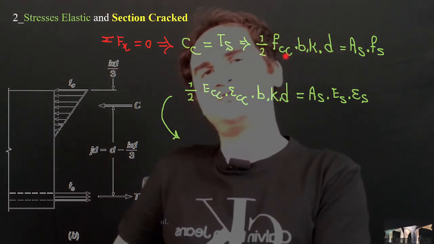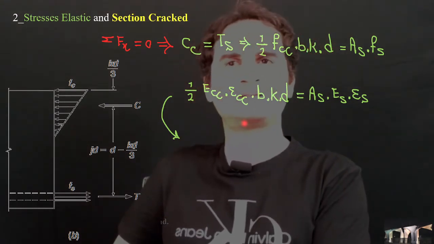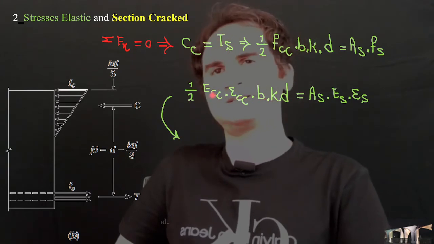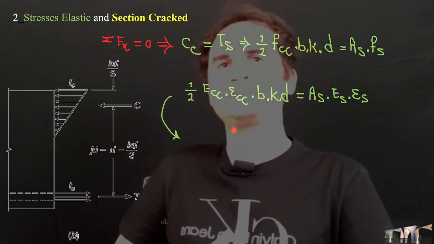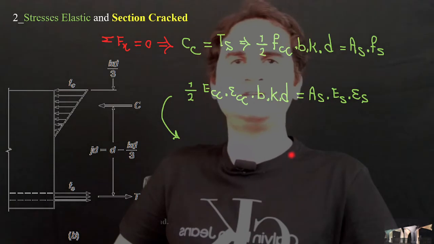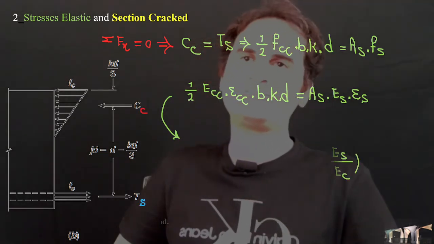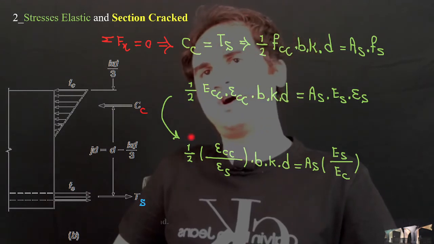And then if you expand the equation based off Hooke's law, a half of sigma, fcc stands for sigma. Sigma is modulus of elasticity times epsilon. And if we replace the equation based off the relation of strains, it gives us a half of epsilon cc over epsilon s.